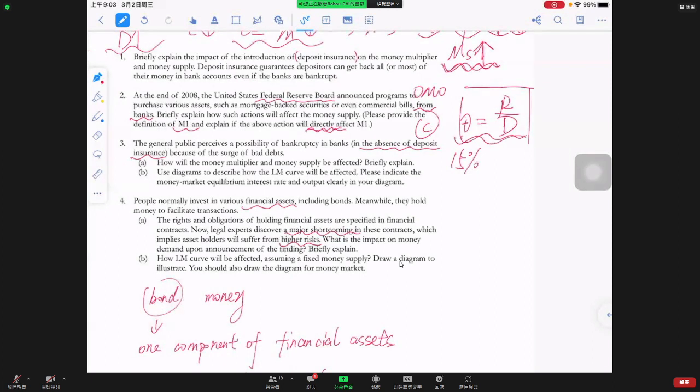So for any change of R, the deposit D would change accordingly. The commercial bank will change the deposit they hold to meet the requirement of theta, the reserve ratio. You can think of it as the binding case. There is the target of the central bank, and they require the commercial bank to hold a reserve.